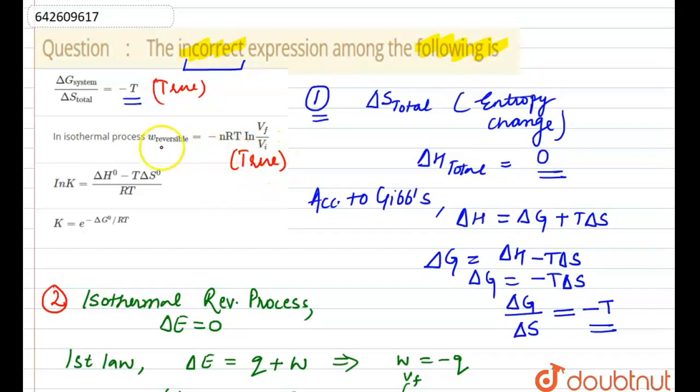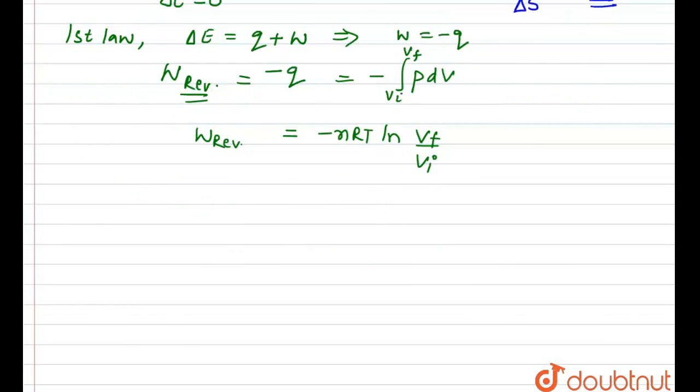Now the next one is log of K equals delta H naught minus T delta S naught divided by RT. Let us see where this comes from.